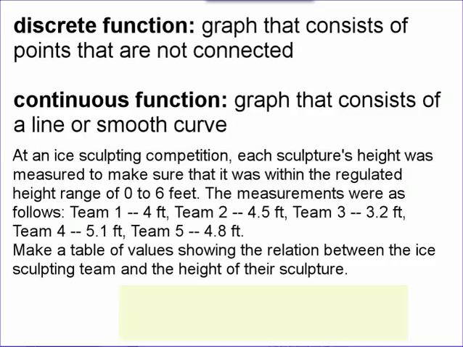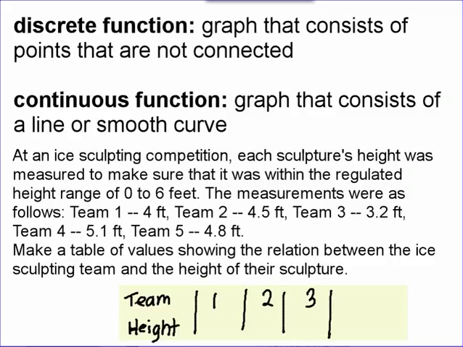There we go. I'm going to start first with my team, and then my next one is going to be height. So for team, I have 1, 2, 3, 4, 5.